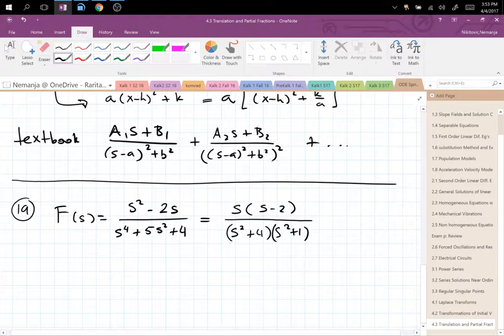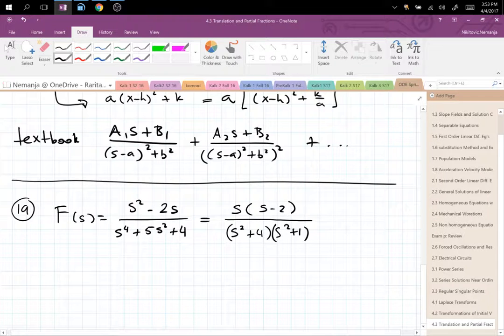Is that bueno? Yep, that's it. Now observe that you have two factors that cannot be factored any further, right? They both have pluses.